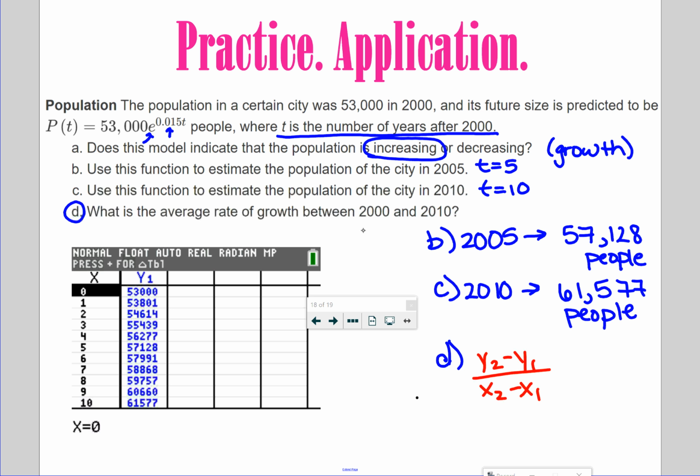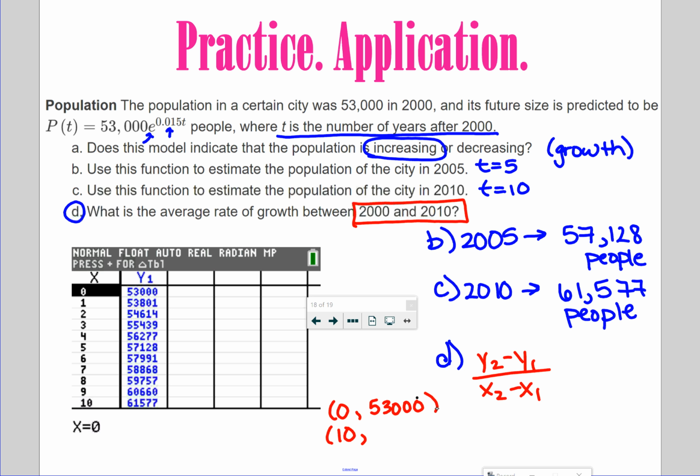And here we're trying to find the average change between 2000 and 2010. So we need to know, first of all, what the year is. So the year is either year 0 in this function for 2000 or 10 for 2010. And then the y's that go with those are the populations for each. Well, in 2000, we knew the population we were given was 53,000.